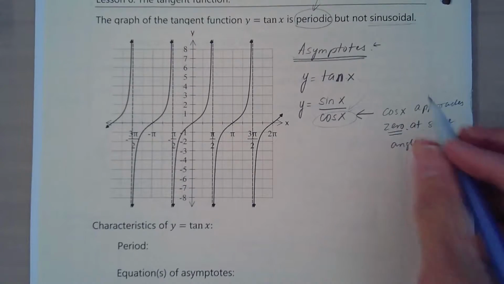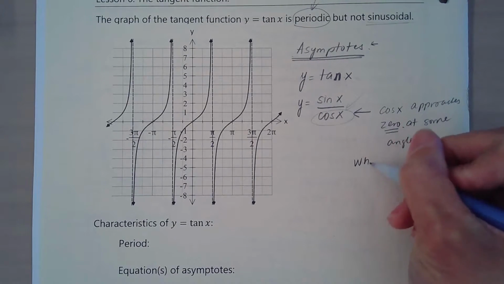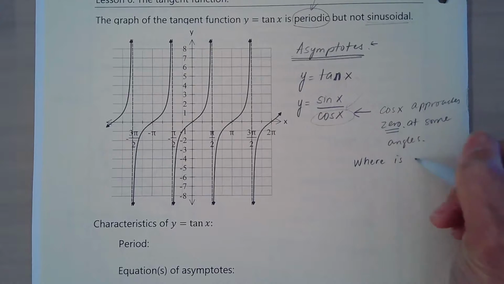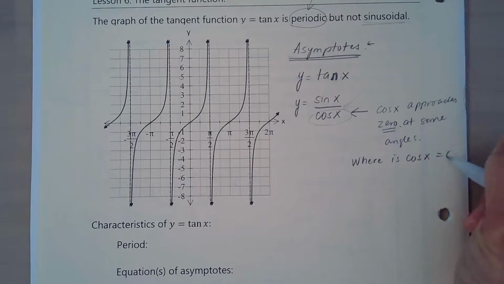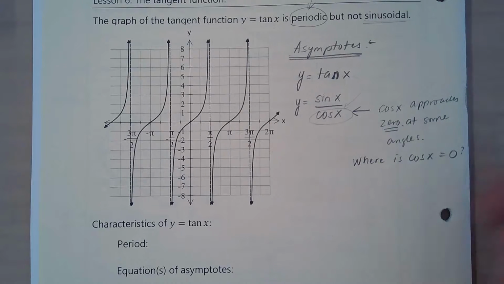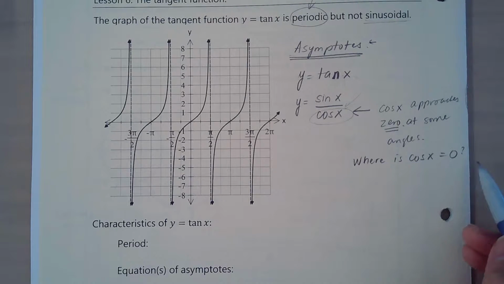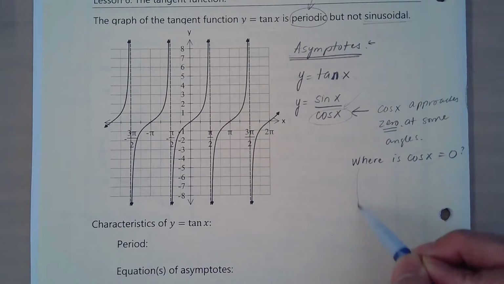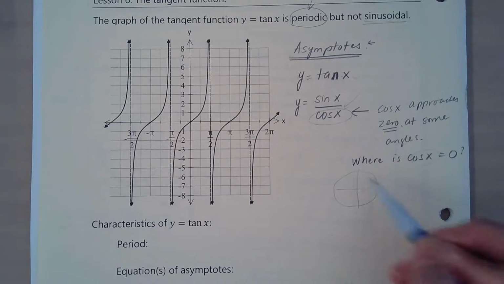Now let's see where cos of x is equal to 0. Where is cos of x equal to 0? Cos of x is the x coordinate value in our unit circle.